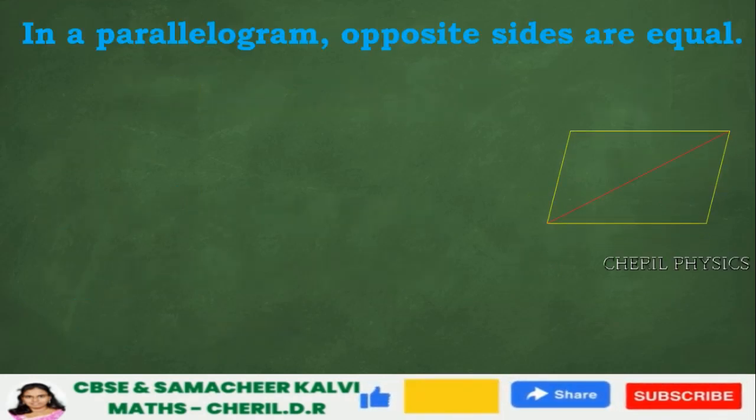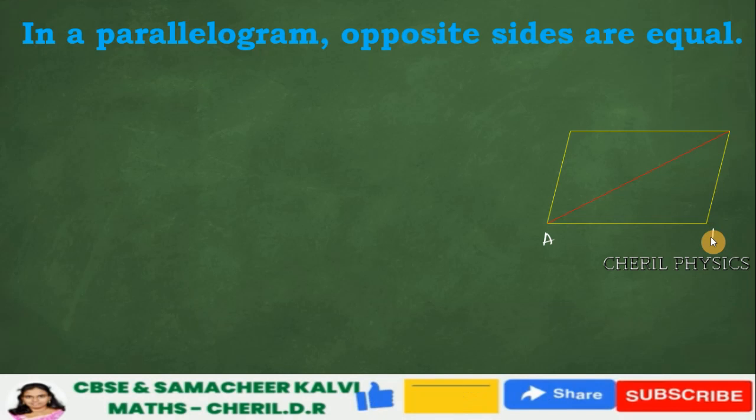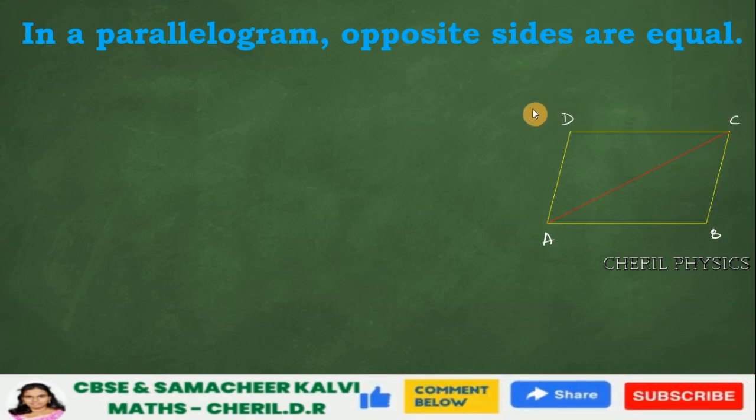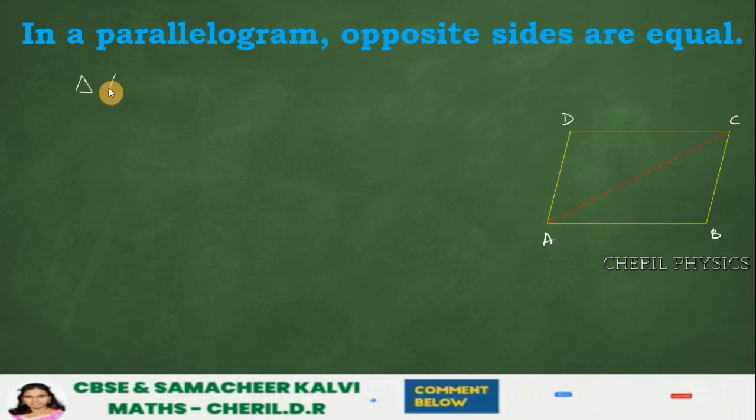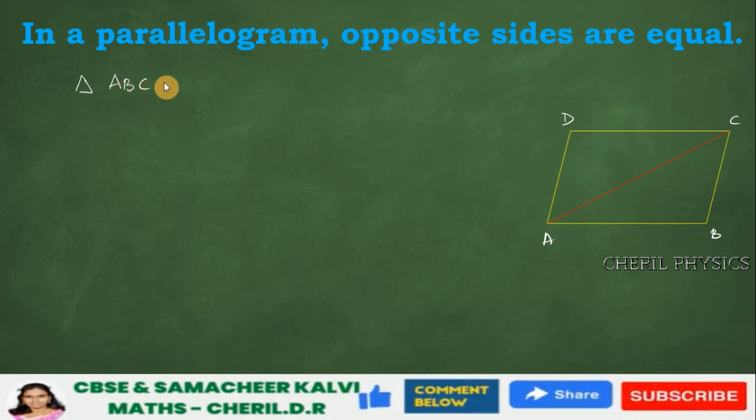So we are drawing a parallelogram and we already know that this is going to divide into two congruent triangles. So this is our parallelogram ABCD. In that case we know that triangle ABC and triangle CDA are congruent.